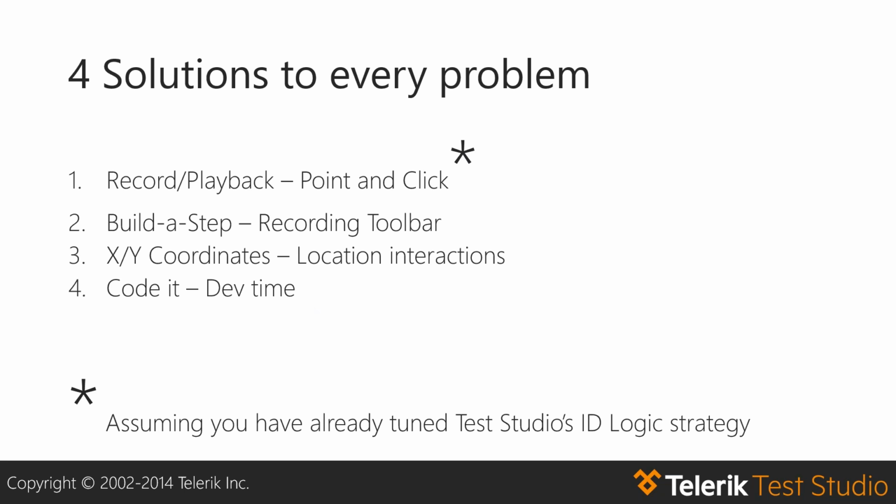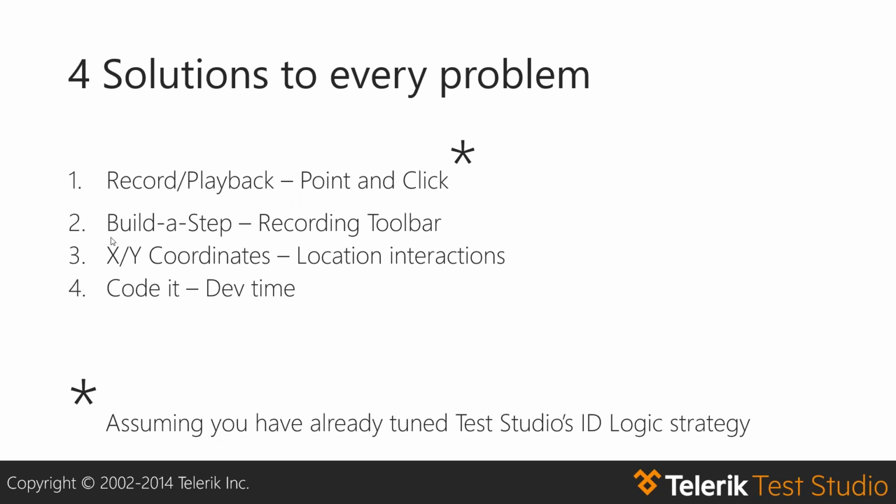So we need to adjust it to make sure that it works and understands the behaviors of an AngularJS application versus the way a Silverlight application might work, or the identifiers that are available in a XAML-based application versus those that might be available in a JS type application or an HTML5 or PHP or MVVM or whatever it may be. So you can tailor Test Studio and tune those settings, and after that's done, it makes it super easy to hit record and do what a user does and get very reliable tests out of that are very easy to maintain.